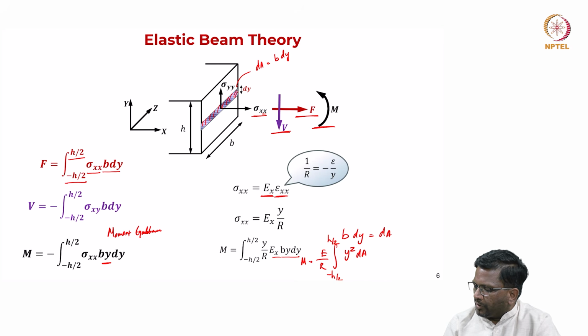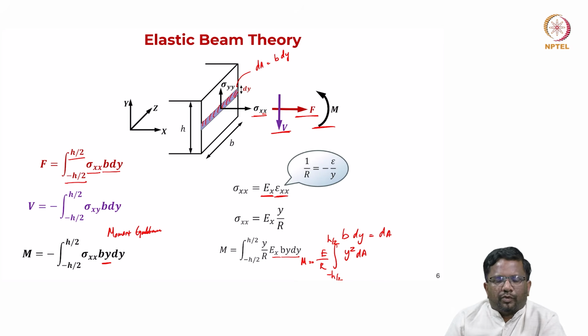From your basic strength of materials, you might have already studied sectional properties. The integration from minus h by 2 to plus h by 2 of y square dA is nothing but your sectional property, the moment of inertia.